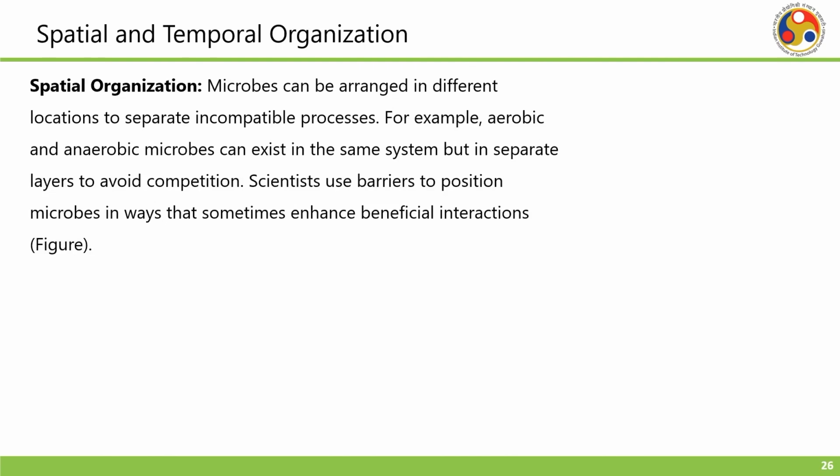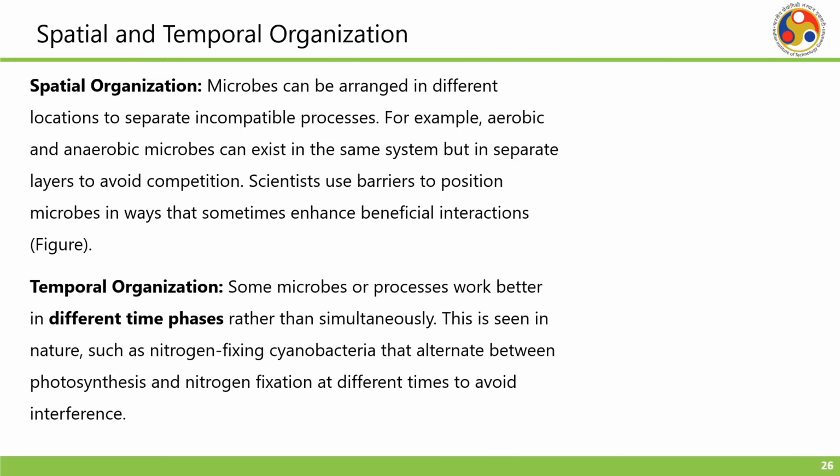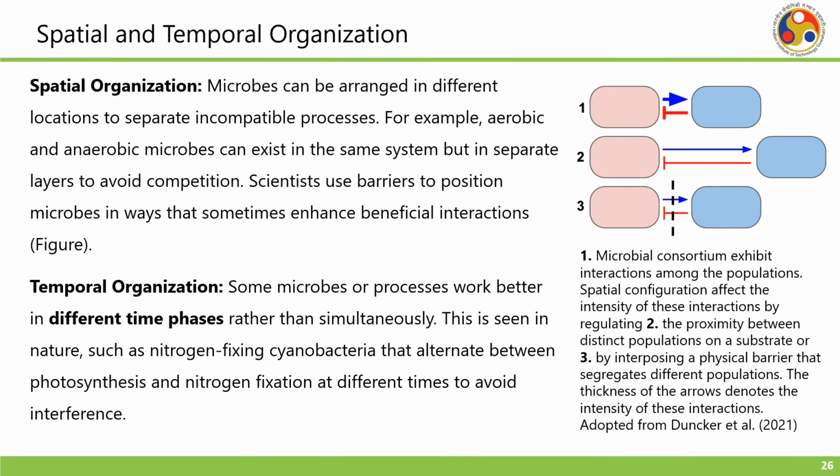Microbes can be arranged in different locations to separate incompatible processes. For example, aerobic and anaerobic microbes can exist in the same system, but in separate layers to avoid competition. Scientists use barriers to position microbes in ways that sometimes enhance beneficial interactions. So, we can see this in the microbial consortium. Number 1, exhibiting interactions among the populations, spatial configurations affect the intensity of these interactions by regulation.